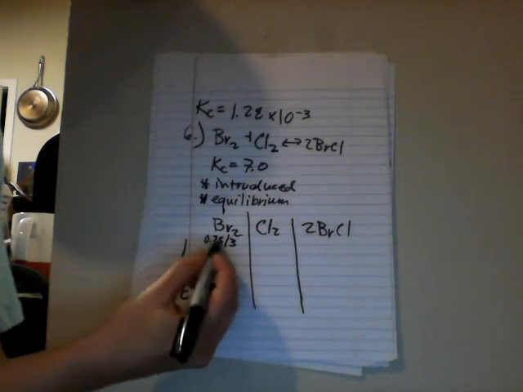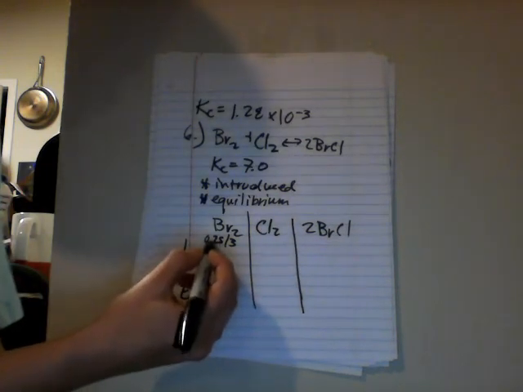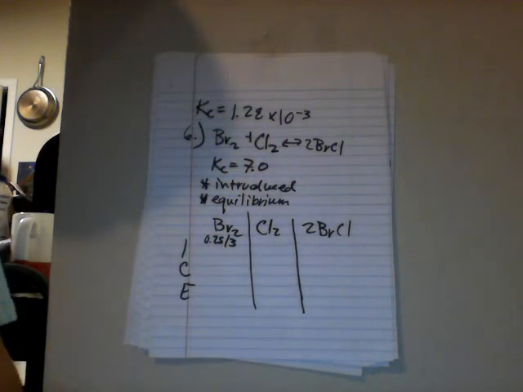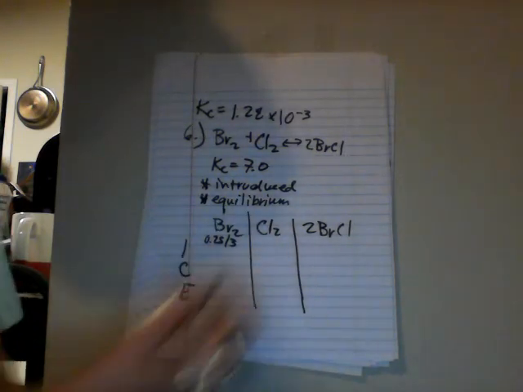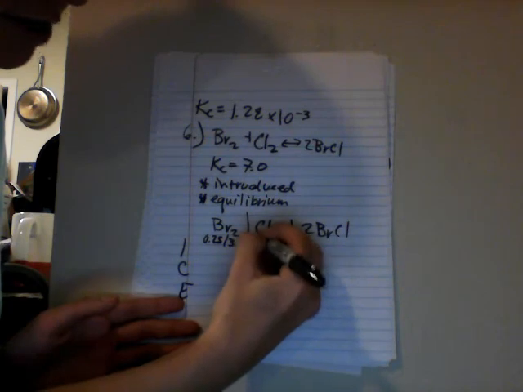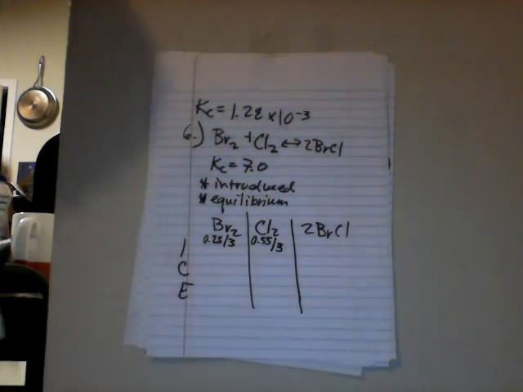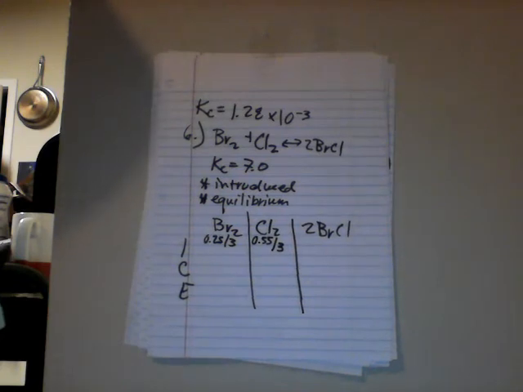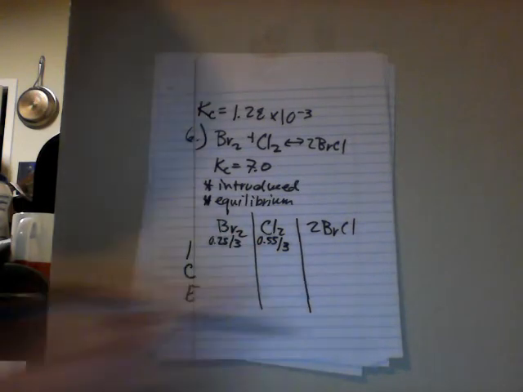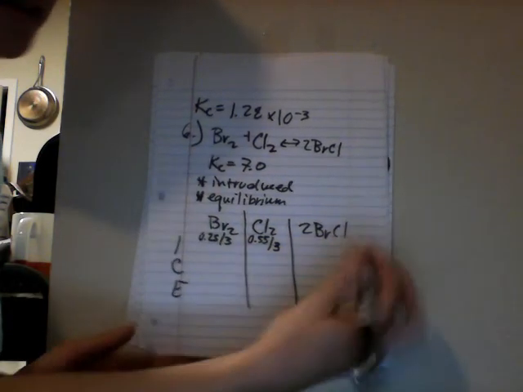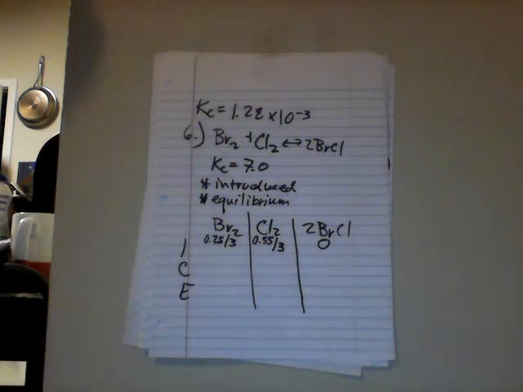If they give me moles, I need to divide by however many liters there are. So again, there were 0.25 moles in the 3 liters. Cl2, they give me 0.55 moles in 3 liters, right? So hopefully you guys are following that. And then again, we haven't mixed these two together yet, so that means this is going to be 0.